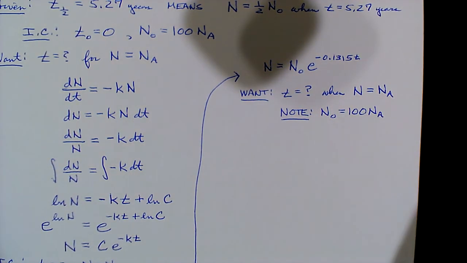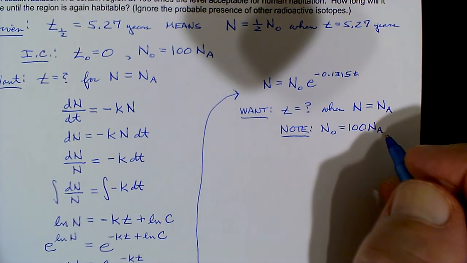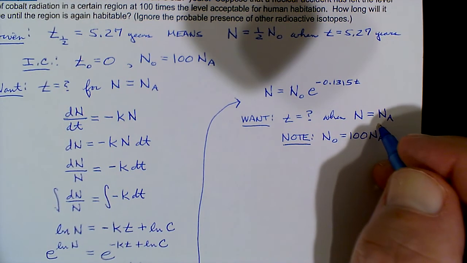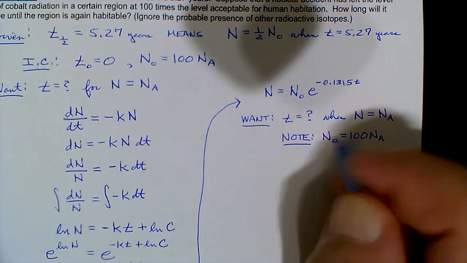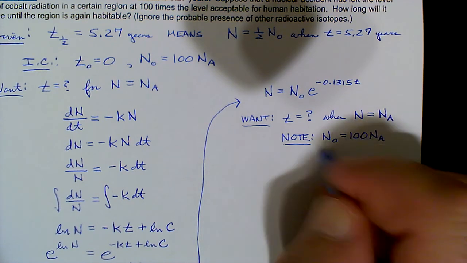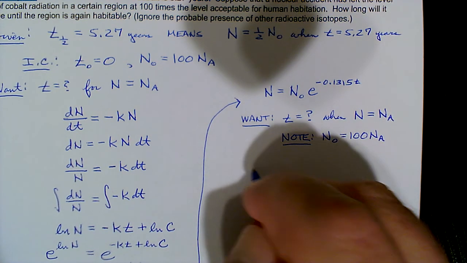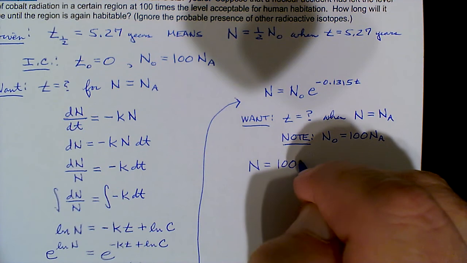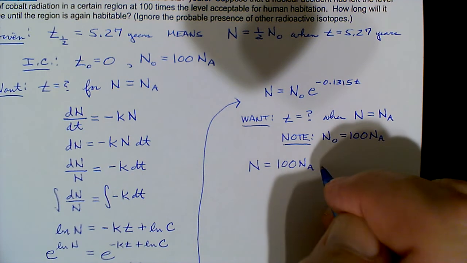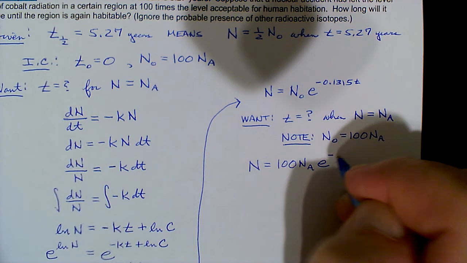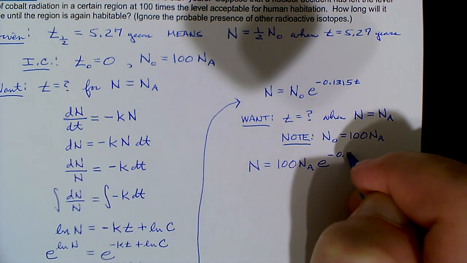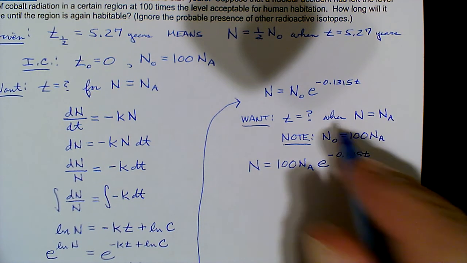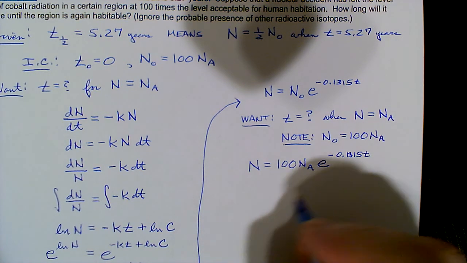So therefore, making all of the substitutions, but before I show, let me just substitute the original amount first. So n equals 100 n sub a e to the negative 0.1315t. Okay, now we'll let n equal n sub a.